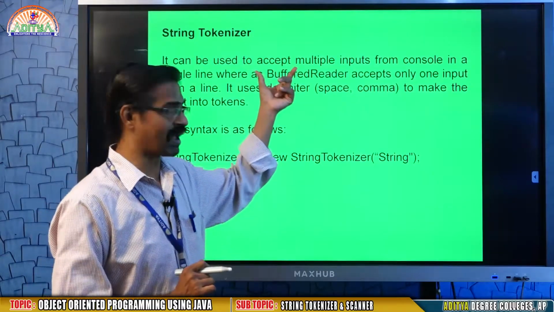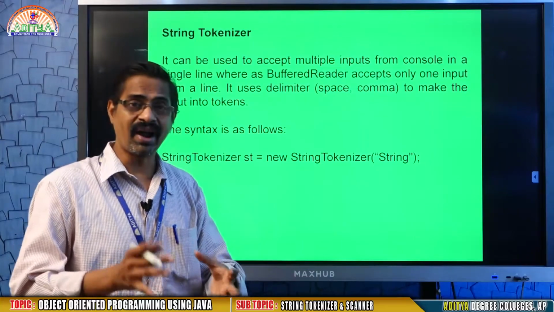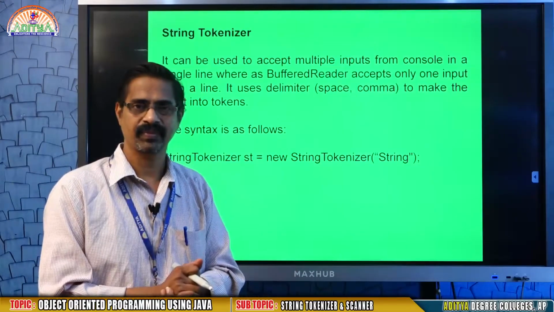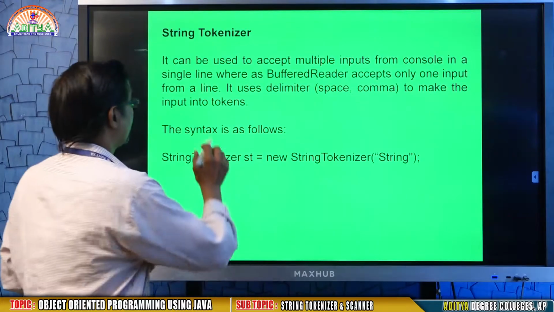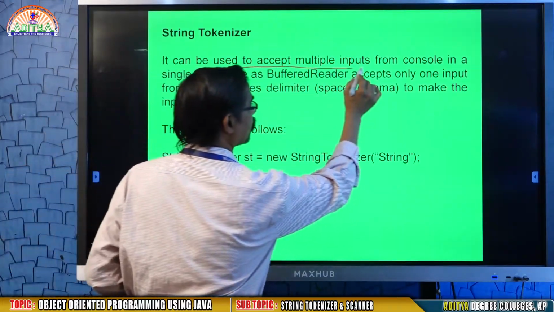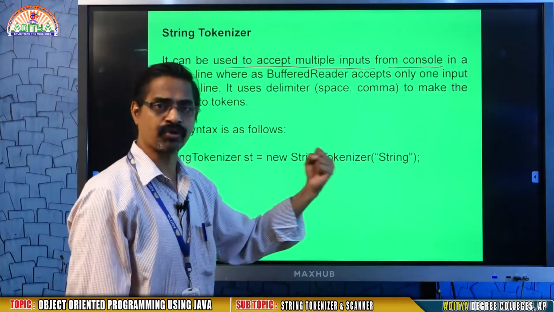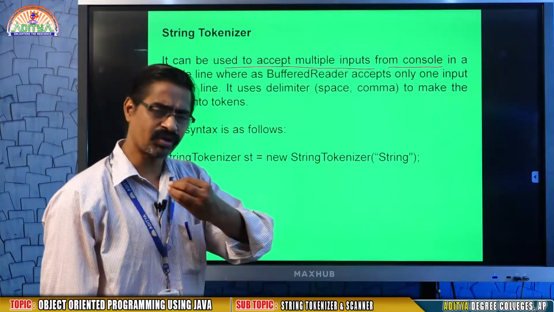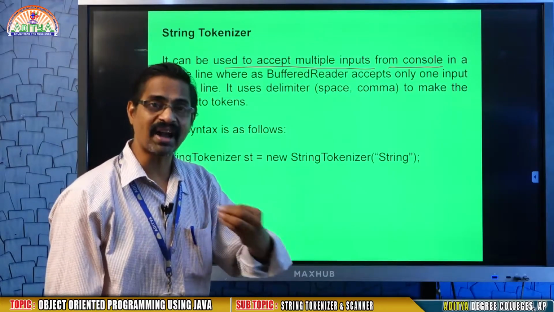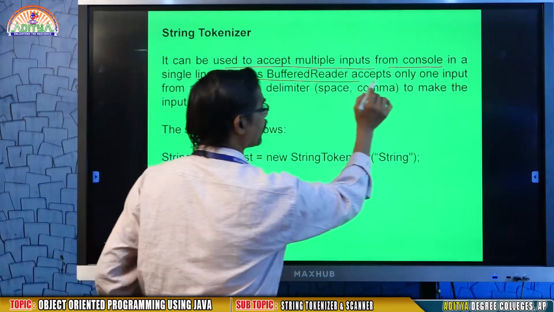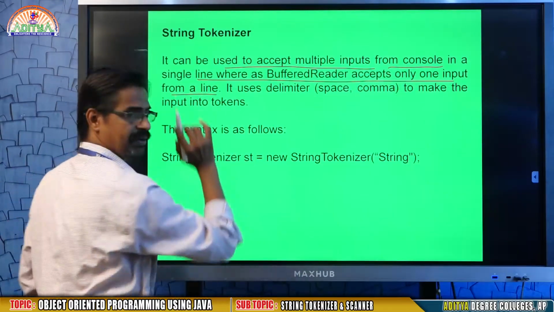So StringTokenizer allows you to divide your string into different parts. It can be used to accept multiple inputs from the console. Input means whatever string or matter you give in a single line, whereas BufferedReader accepts only one input from a line.